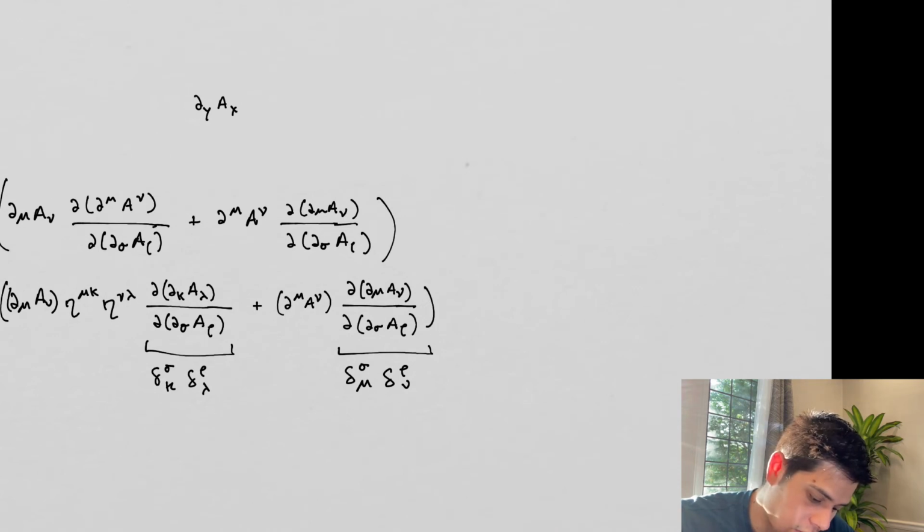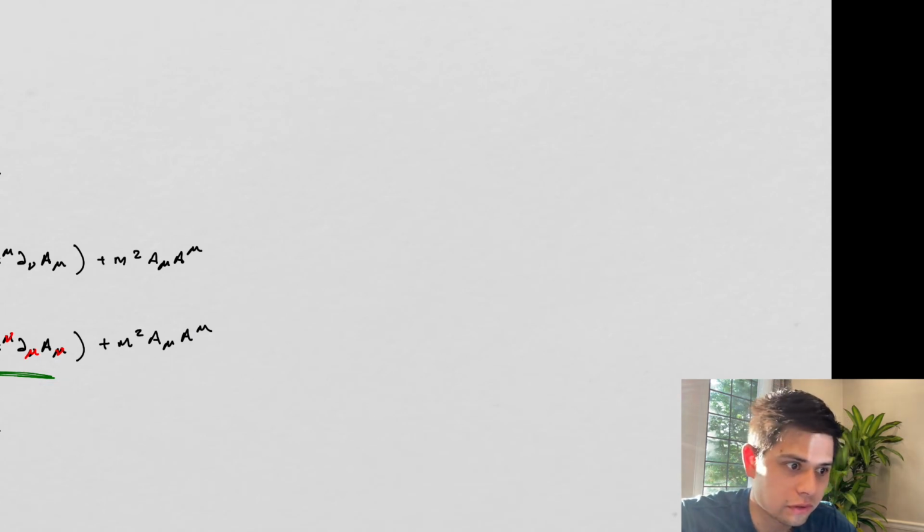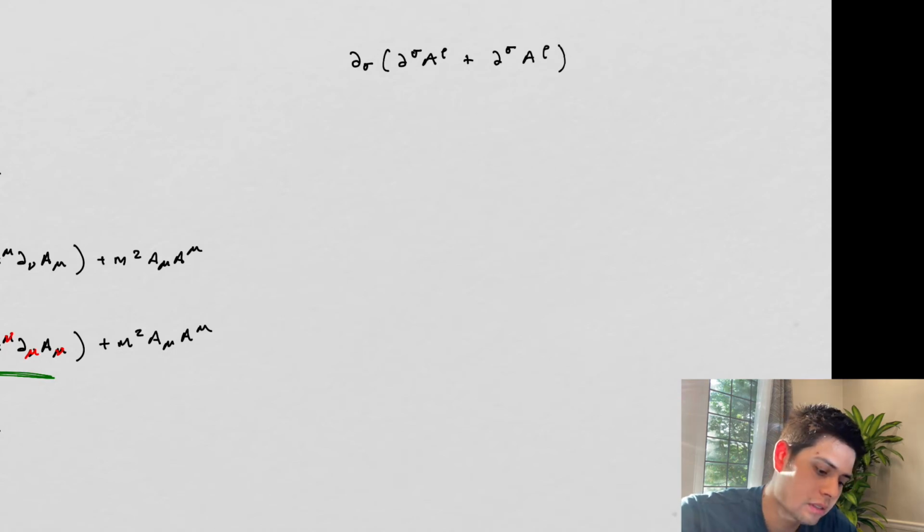Like that. So what I'm going to do is come up here and rewrite this. Well, this becomes d rho A rho plus d rho A rho, like this.